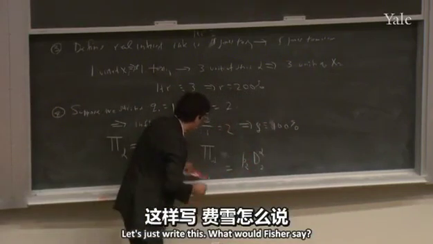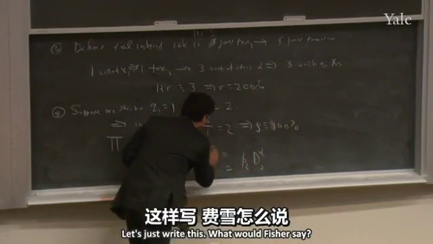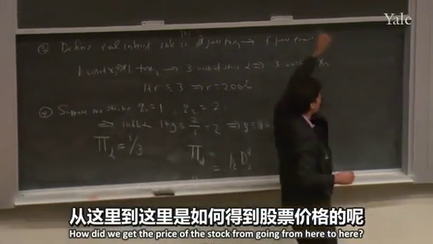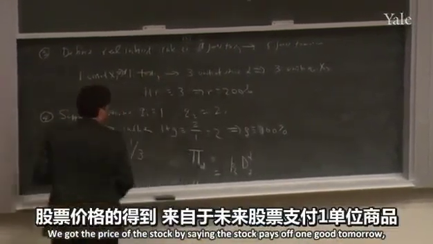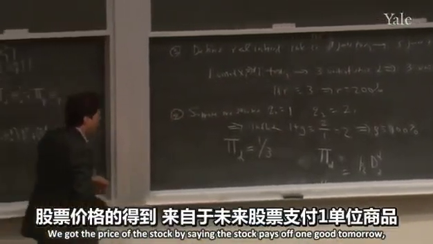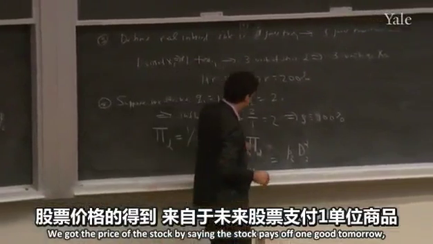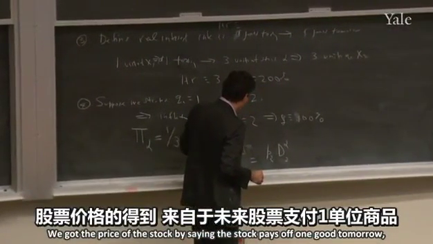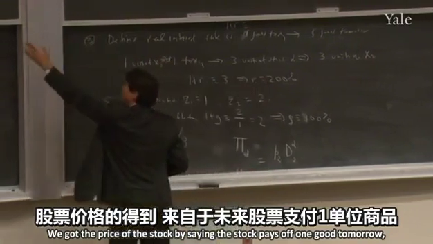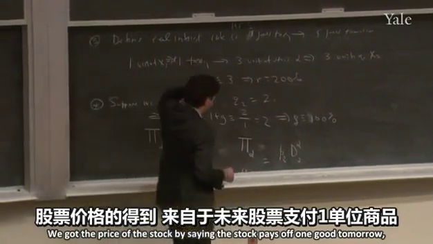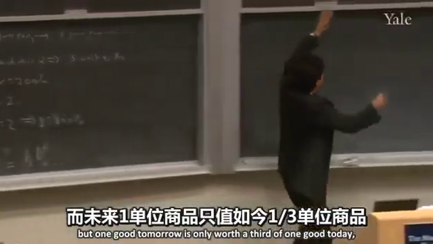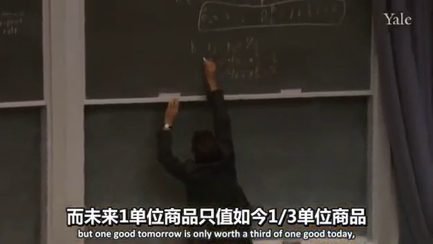Okay, what would Fisher say? Fisher would say, how did we get the price of the stock from going from here to here? We got the price of the stock by saying the stock pays off one good tomorrow, but one good tomorrow is only worth a third of one good today.